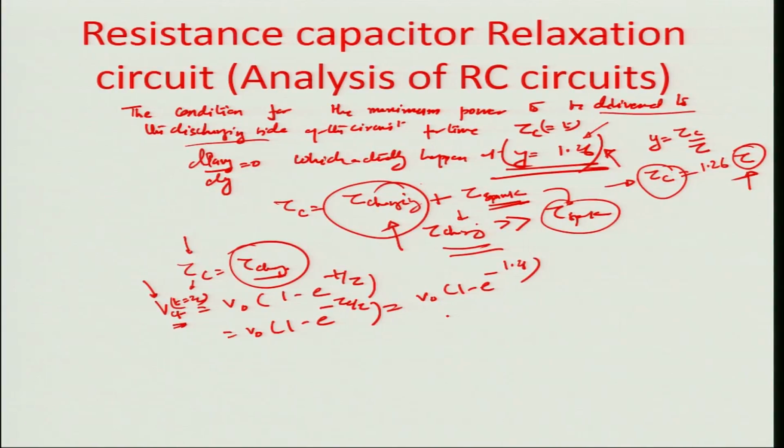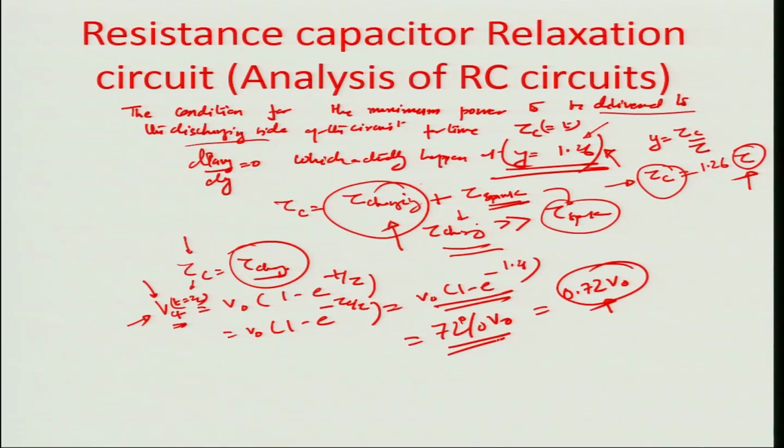So this corresponds to the maximum power transfer voltage of Vct of the capacitor as a function of time, which is needed for the whole charge delivery to happen, which is in fact about 72% of V0. So it is 0.72 V0.